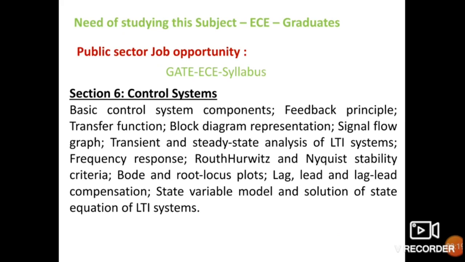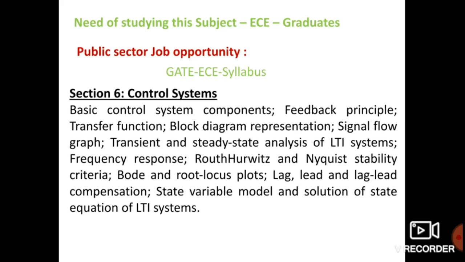Not only private jobs or becoming an entrepreneur, you can also get a public sector job. Most of the public sector jobs require a GATE score. You need a GATE eligible score for entering public sector jobs like BSNL, or getting into railway jobs, or clearing the IES exam. The IES exam syllabus is similar to the GATE syllabus.